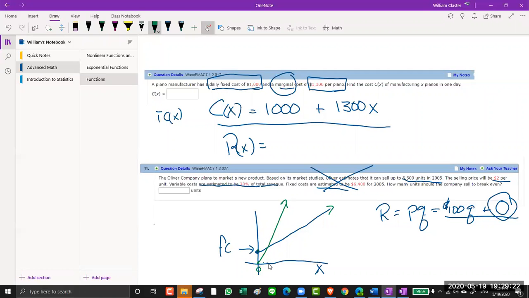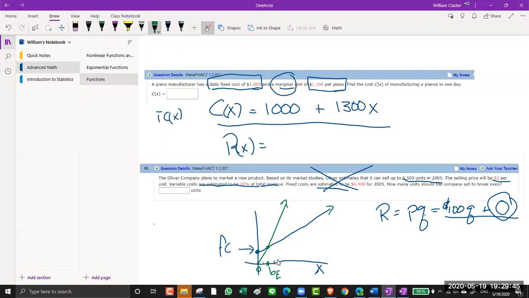So the question is, where does it cross? I think maybe we talked about it. That's called the break-even point. That's the number of goods we have to sell in order for the revenue to finally reach the cost.